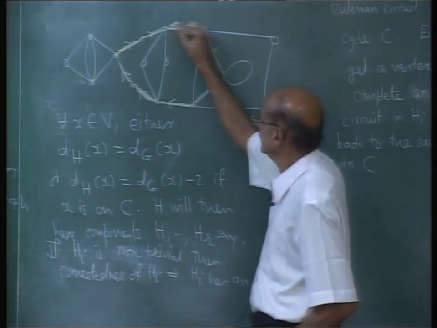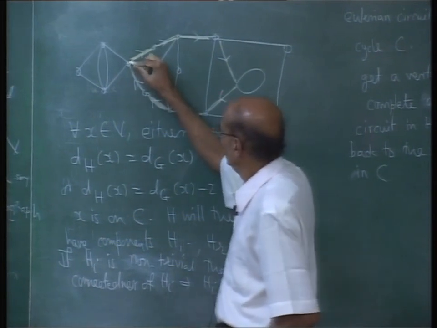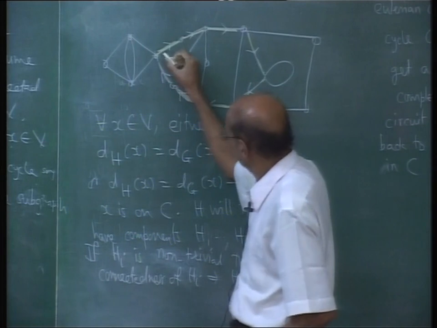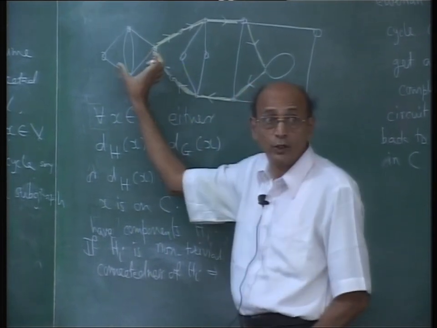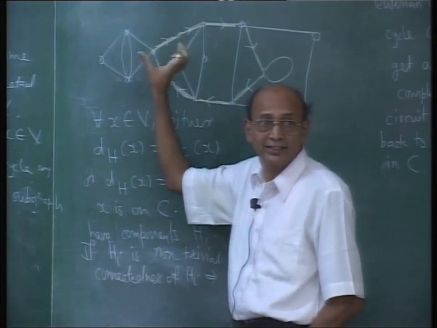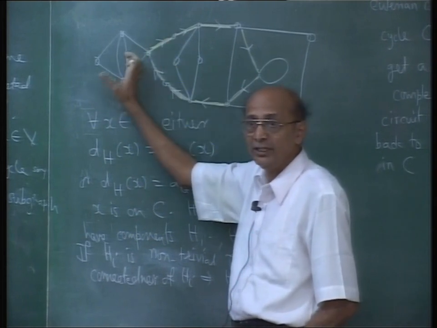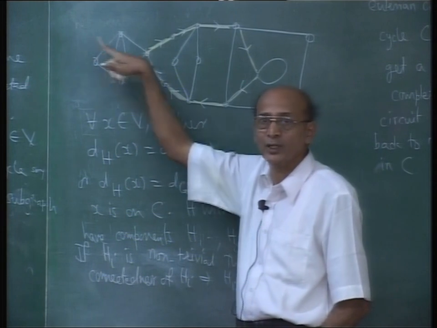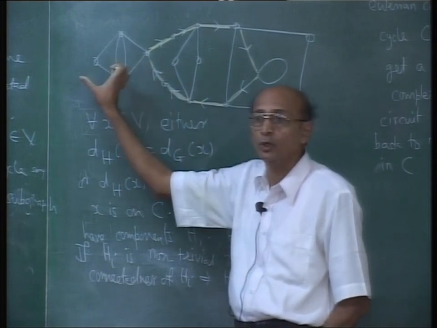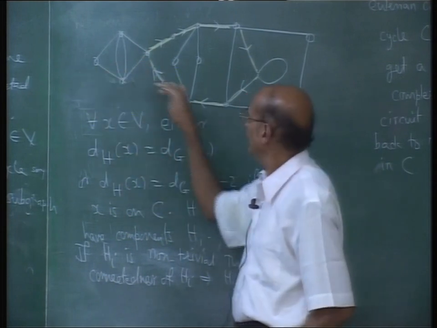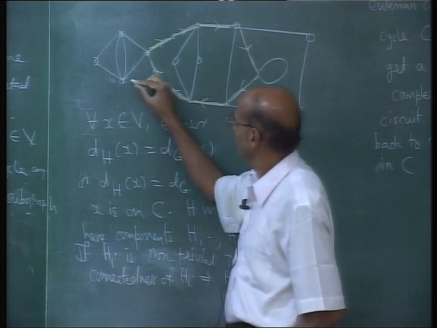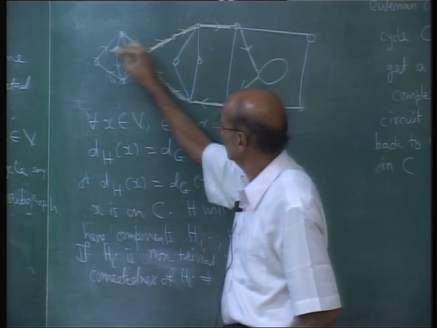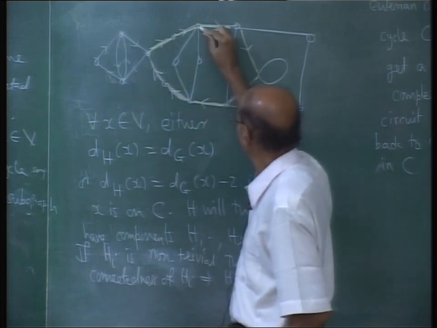What has happened here is, before I begin at this vertex, I have a component. That component is even, non-trivial, connected, therefore I have prior knowledge that there is an Eulerian circuit in this. I know how to obtain an Eulerian circuit in this. Then continue that way.